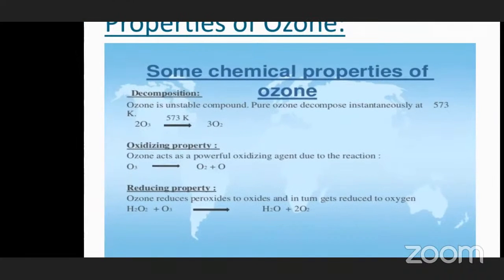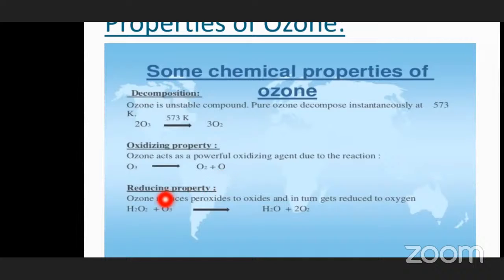O3 converts into O2 as well as O. Here O is called nascent oxygen. It is more reactive in nature. That means it is newly born oxygen. That's why it is called nascent oxygen.